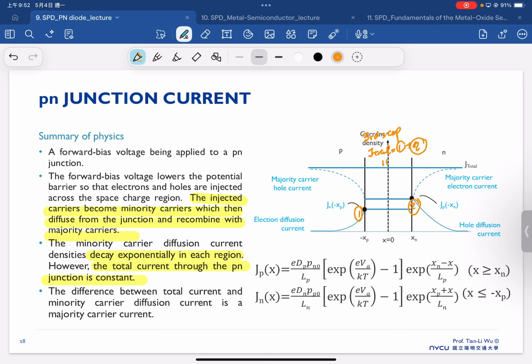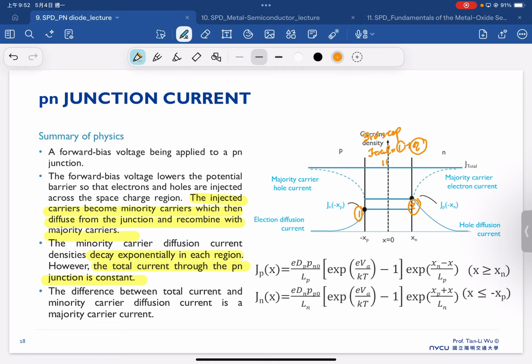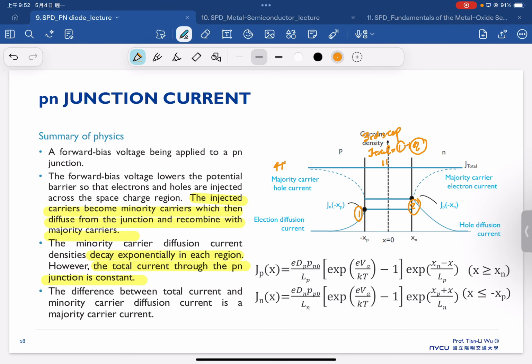Because the current is constant in the whole system, once we have the current here, then we can start to have the current here, and therefore the majority carrier current will be just the total current minus the minority current.